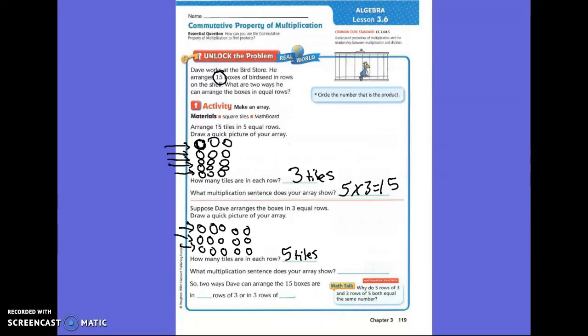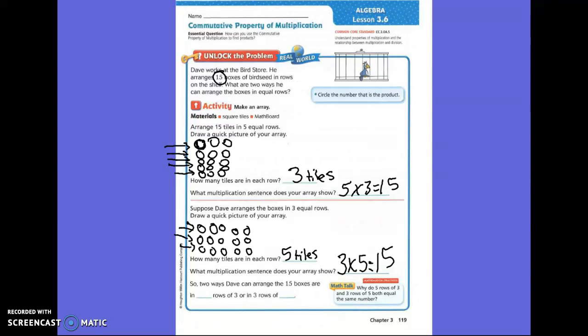How many rows would you say? 3. 3 rows and 5 tiles in each row, so that's 3 times 5. And what does that equal, everyone? 15. Okay. It's just switched around. It sure is. It's the commutative property of multiplication, yes, of multiplication instead of addition.